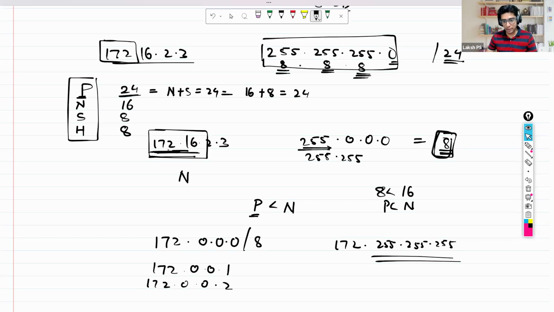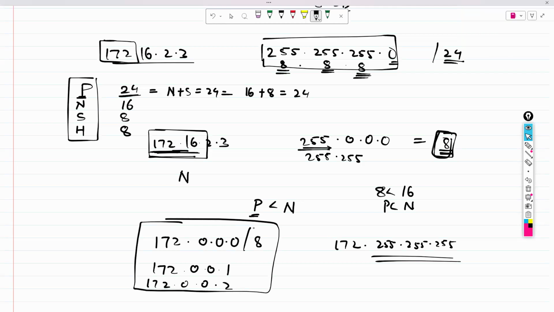In that case, you cannot do subnetting. You just have to go with the normal classification of IP addresses. You have to treat this as a classful IP address rather than a classless IP. Clear? Okay, yeah, clear.